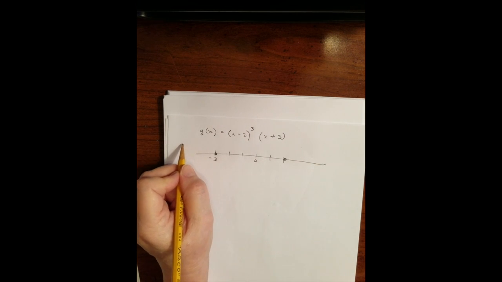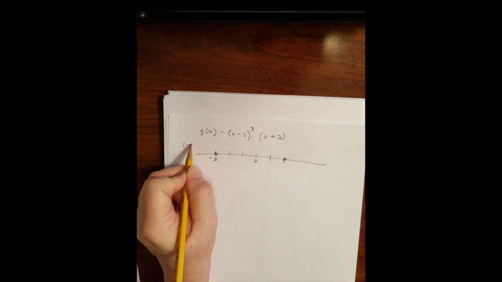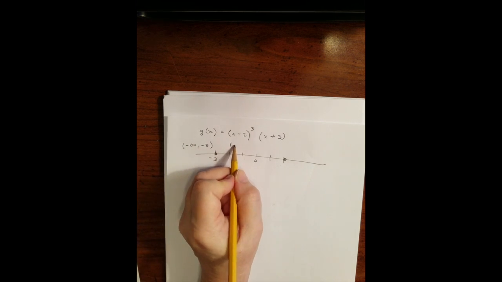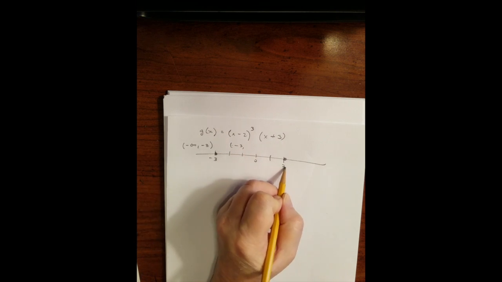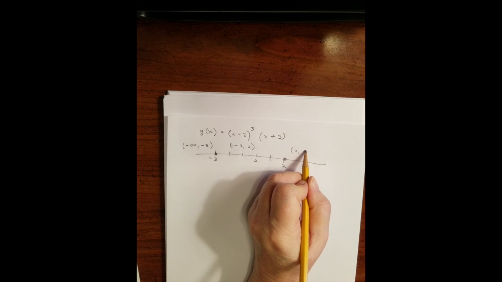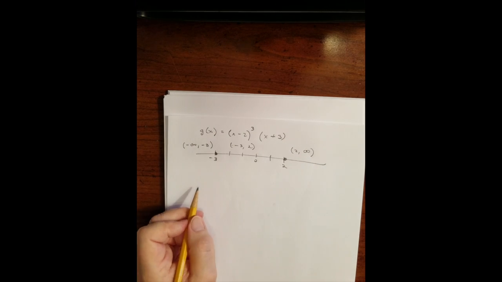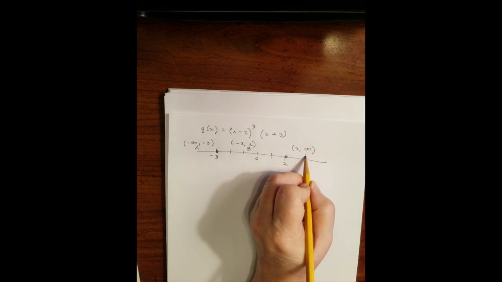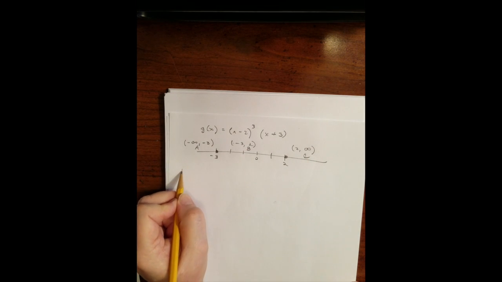And so this divides the number line into the intervals negative infinity to negative 3, negative 3 to 2, and 2 to positive infinity. So let's call those interval A, interval B, and interval C.